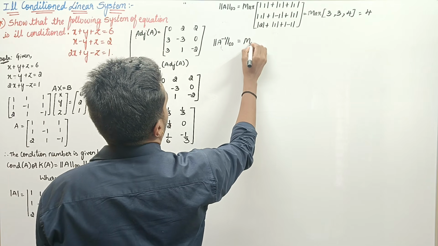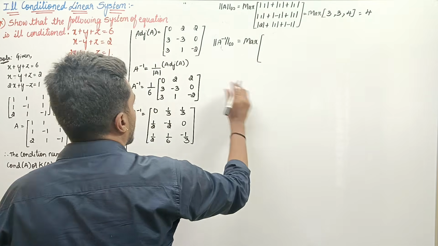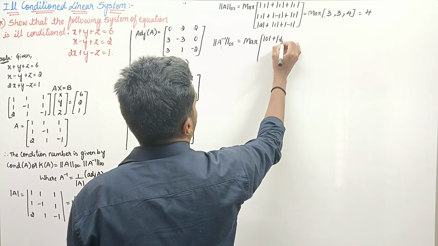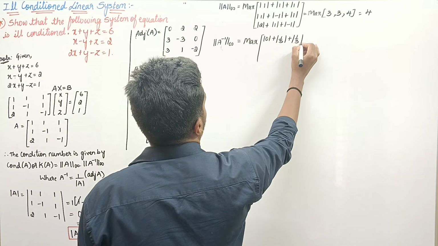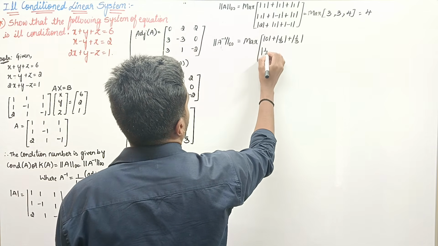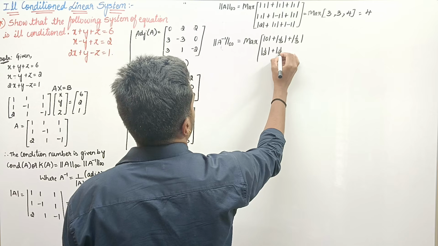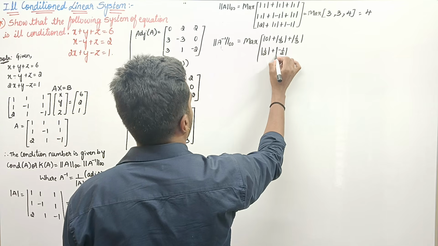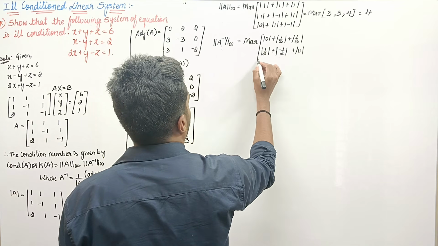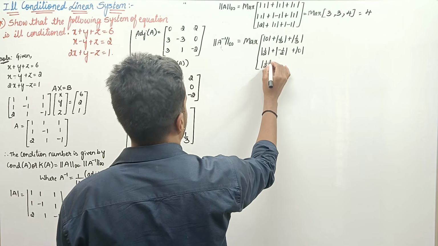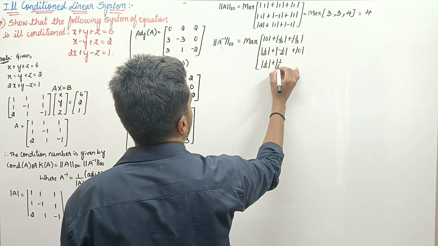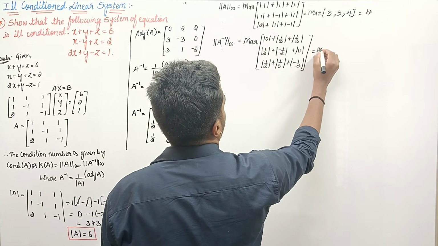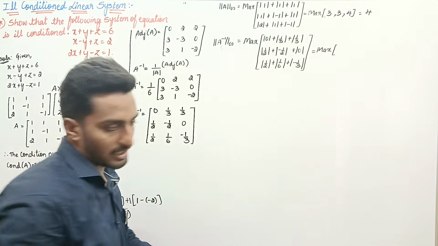Norm A inverse infinity is the maximum of: modulus 0 plus modulus 1 by 3 plus modulus 1 by 3; next, 1 by 2 plus 1 by 2 plus modulus minus 1 by 2 plus 0; the last, 1 by 2 plus 1 by 6 plus modulus minus 1 by 3. Maximum of, just use the calculator.